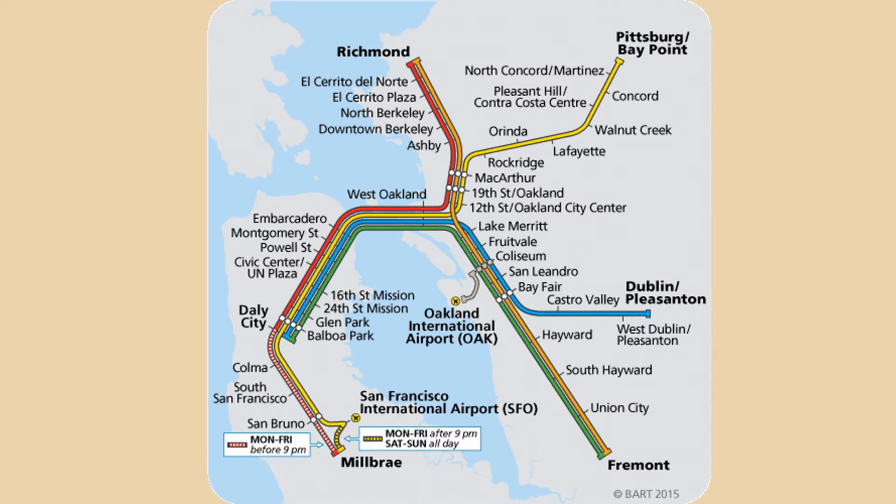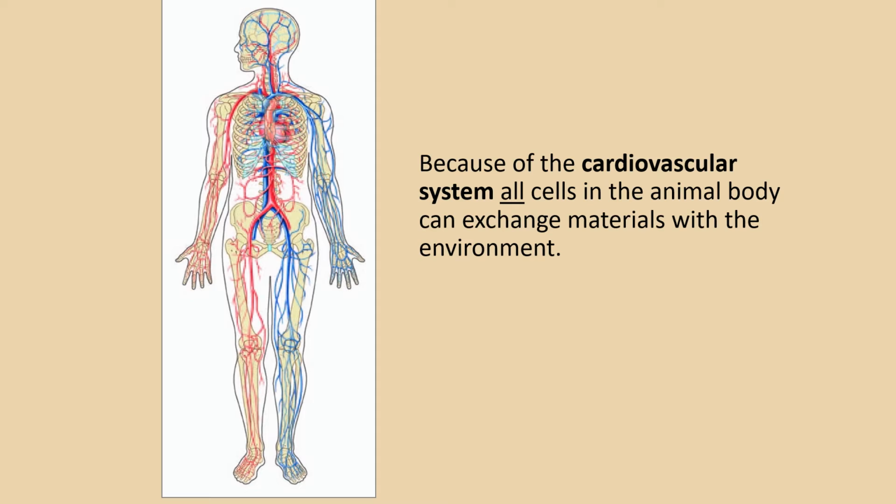So blood is a transportation medium, just like BART is a transportation medium, where people can get onto the BART at one station and get off of the BART at another station. So because of our cardiovascular system, every cell in our body is able to exchange materials with the environment.